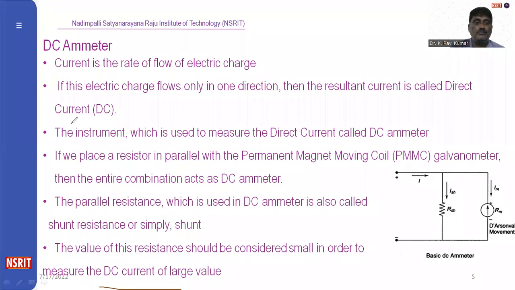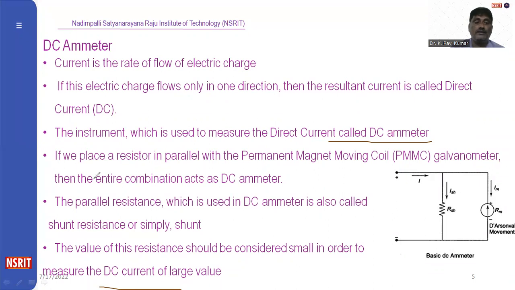The instrument which is used to measure the direct current is called a DC ammeter. Firstly, current is a flow of electric charge, and it requires one instrument to measure that current. That is called a DC ammeter. If the charge flows in only one direction, that is called direct current, and that current is measured by using a DC ammeter.